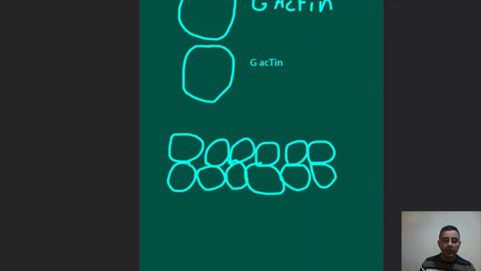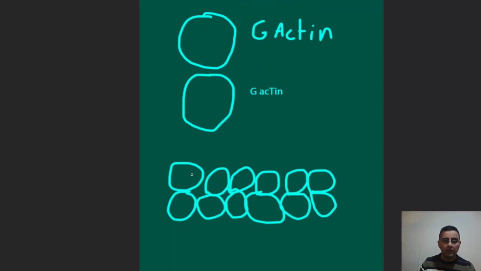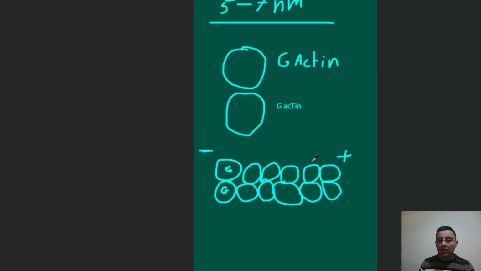These two circles are G actin, globular actin, and it's polarized. Here is plus, here is minus.